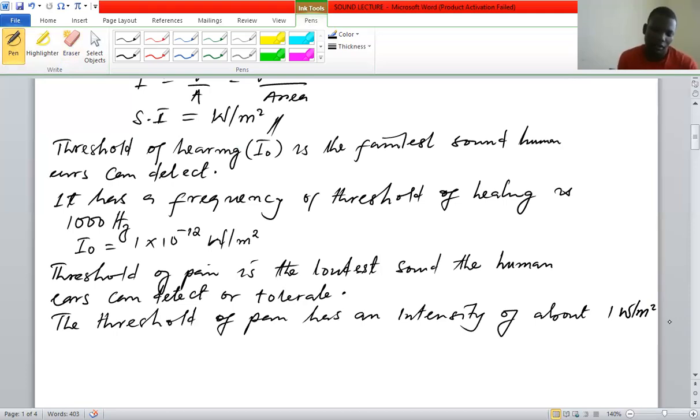The threshold of pain is the loudest sound that the human ear can tolerate.